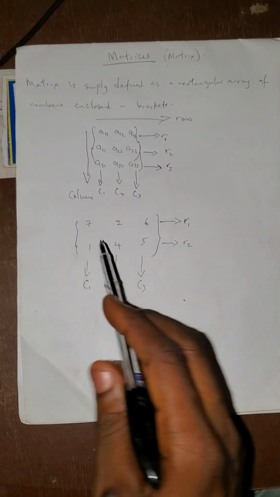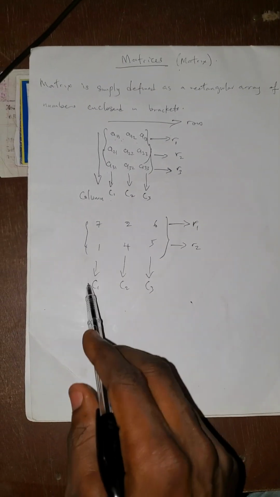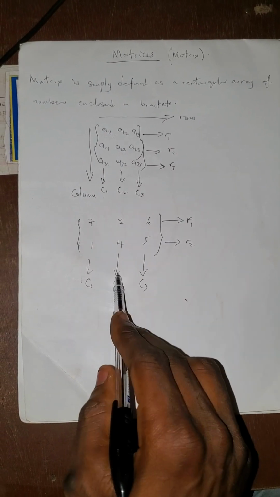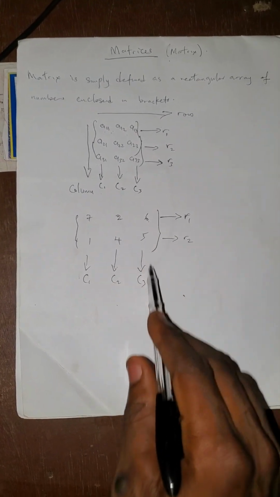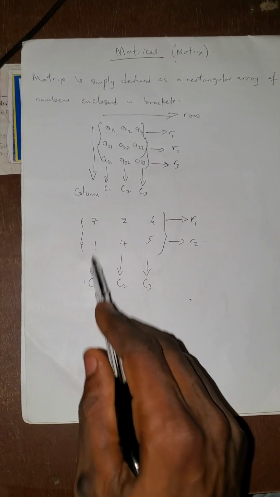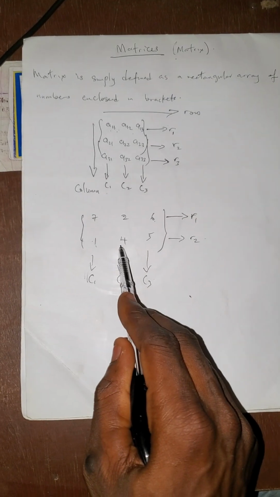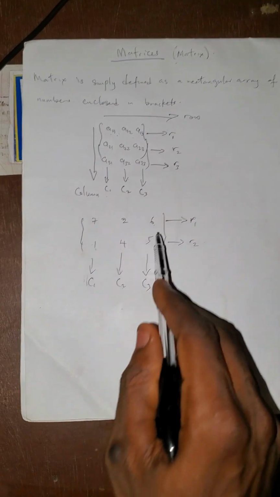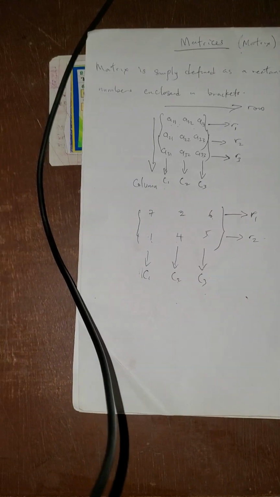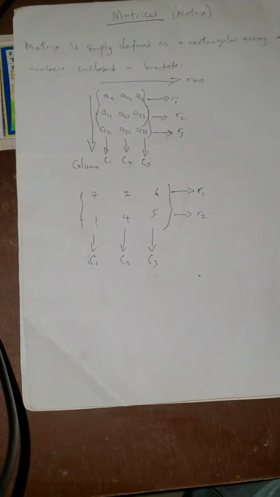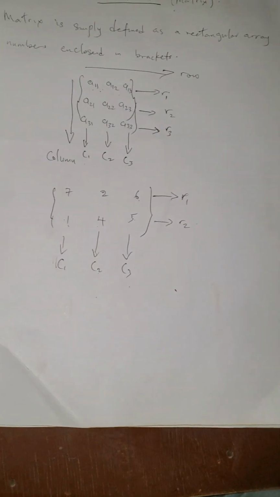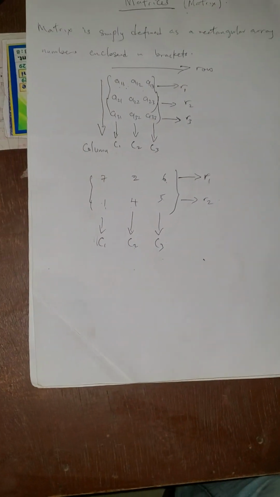This 7 belongs to row 1, column 1. This one belongs to row 1, column 2. This belongs to row 1, column 3. This belongs to row 2, column 1. This belongs to row 2, column 2. This belongs to row 2, column 3. This is what we know as the order of a matrix.